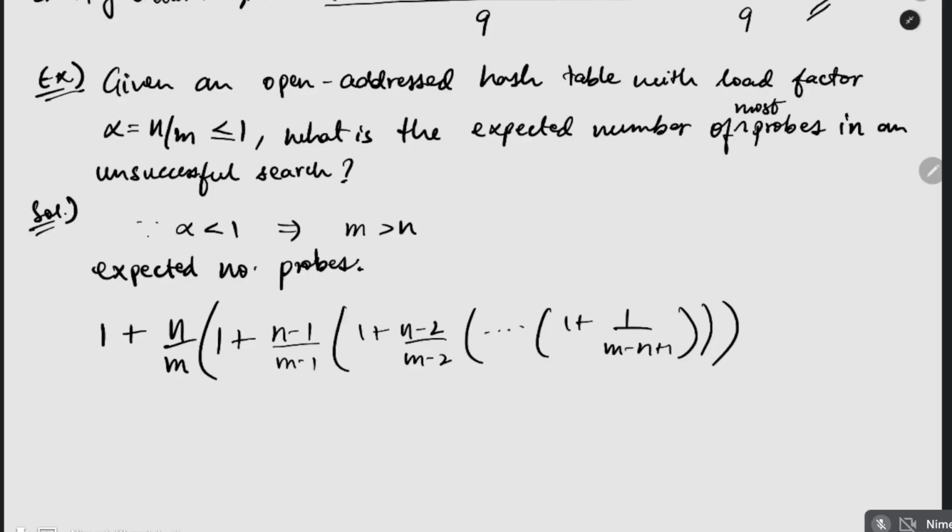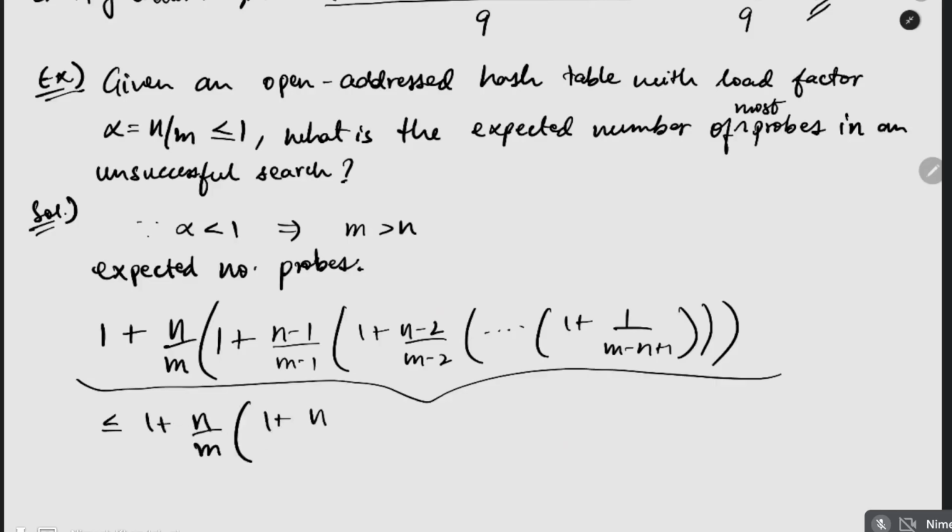Right? We just go over all the slots in the hash table. So now this entire value is less than or equal to what we would get if every time we were doing it with a probability of n over m, right?